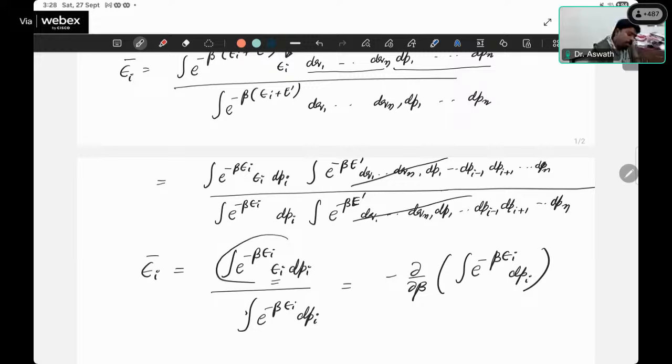So the numerator is just the derivative of the denominator.